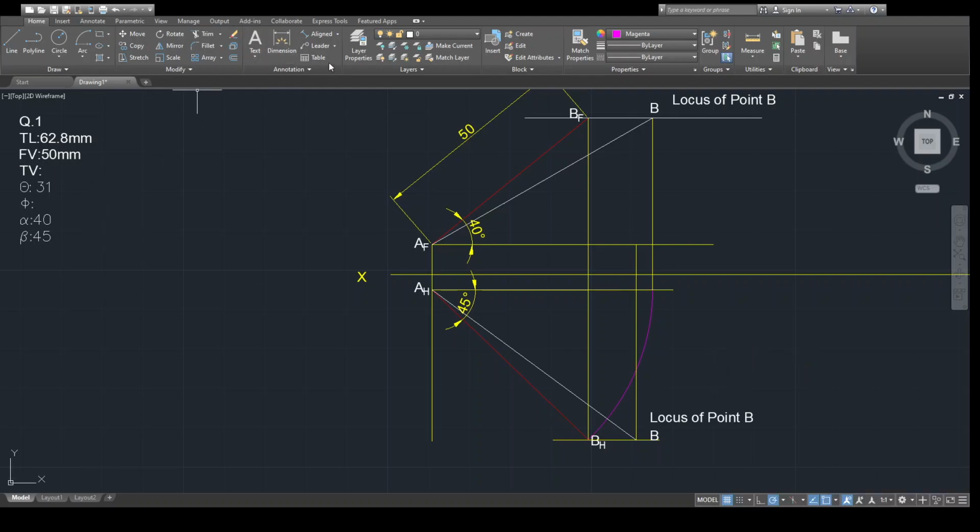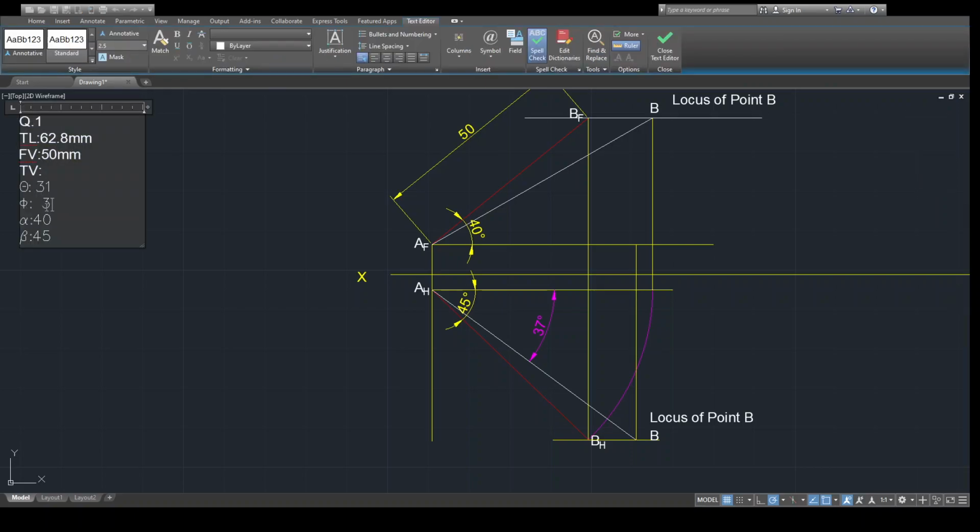Let us determine now the angle, and this angle is 37 degree, but need not show it in the drawing. So I will just write here 37.